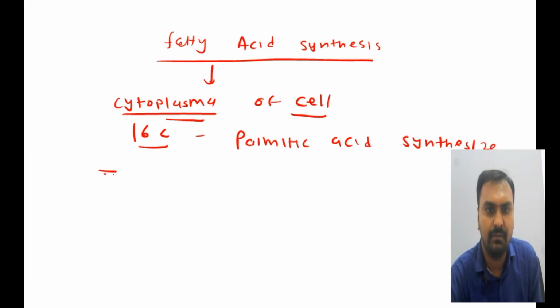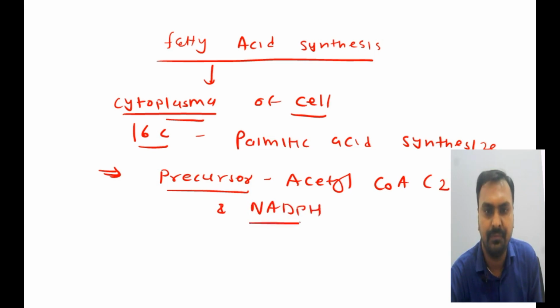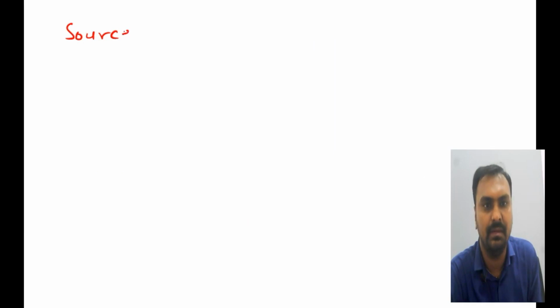Now what is the requirement for fatty acid synthesis? The precursor of fatty acid synthesis is mainly the 2-carbon acetyl CoA molecules and NADPH. Now what are the sources of NADPH?